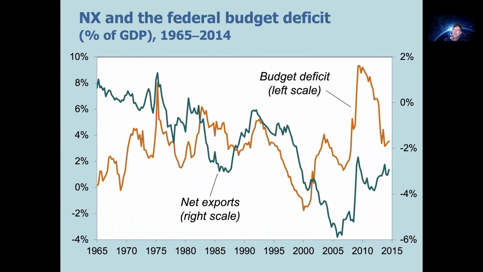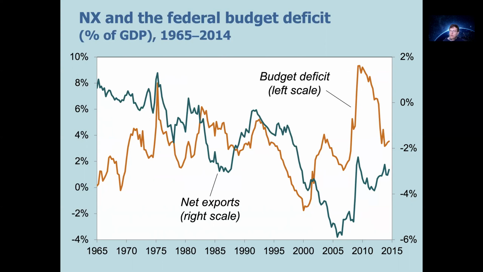So when we have a big federal budget deficit, some of the money that the government is borrowing, because that's what it has to do when it has a deficit, gets borrowed from abroad. To the extent money gets borrowed from abroad, that's a capital inflow, which tends to cause a trade deficit.